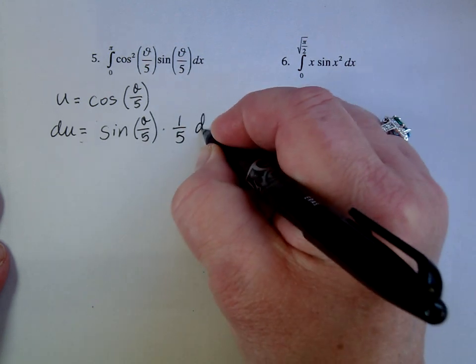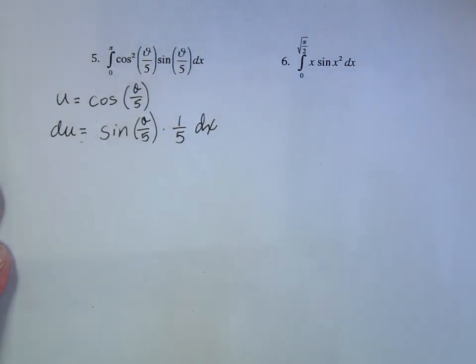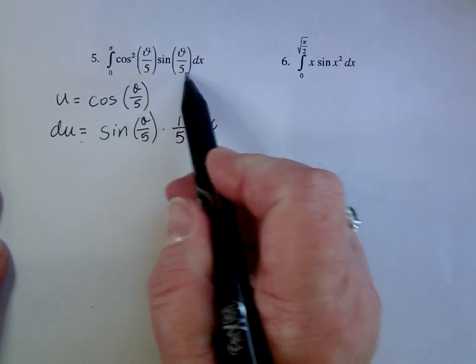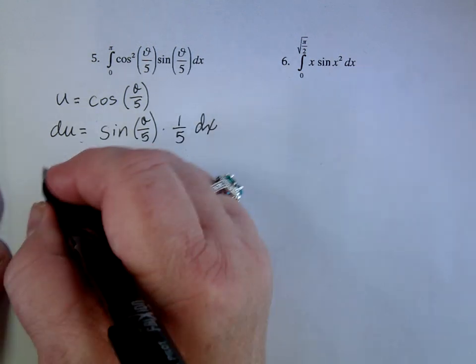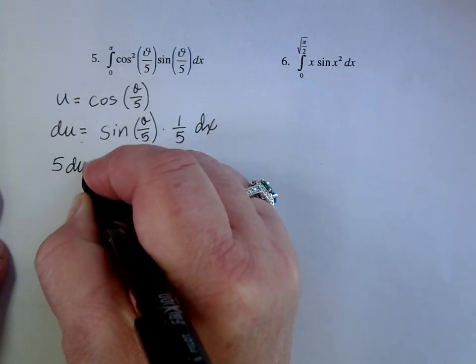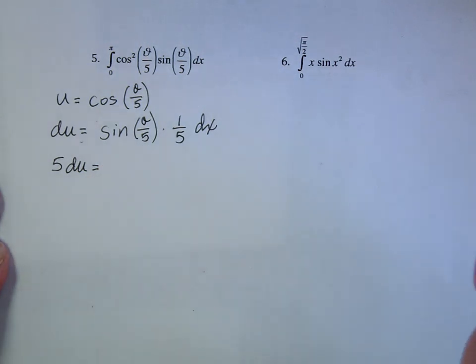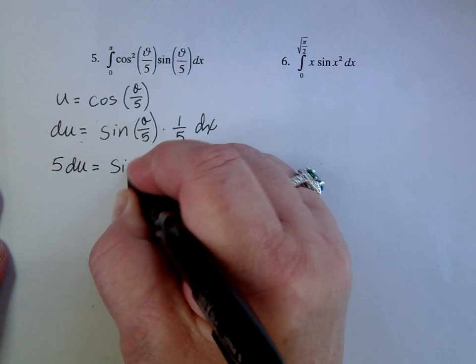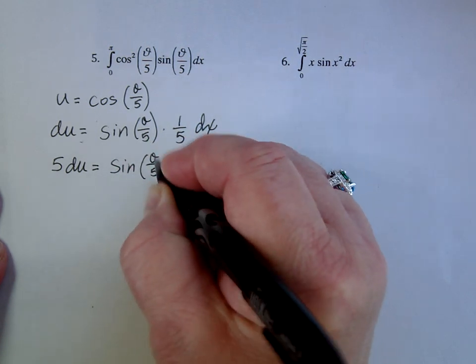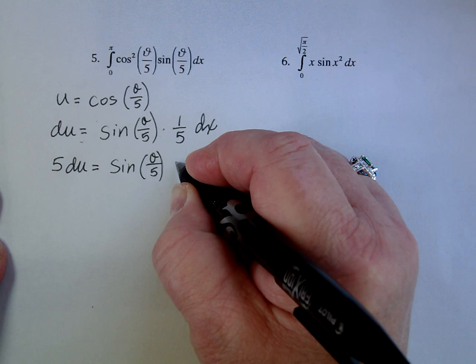And that's with respect to x. And so if I'm looking at this guy, I have the sine of theta, I've got that piece, I've got the dx, I don't have this 1/5, so I'm going to multiply both sides by 5 to get rid of it. It's going to make me have a 5 du over here. 5 du equals the sine of theta over 5 with respect to x.